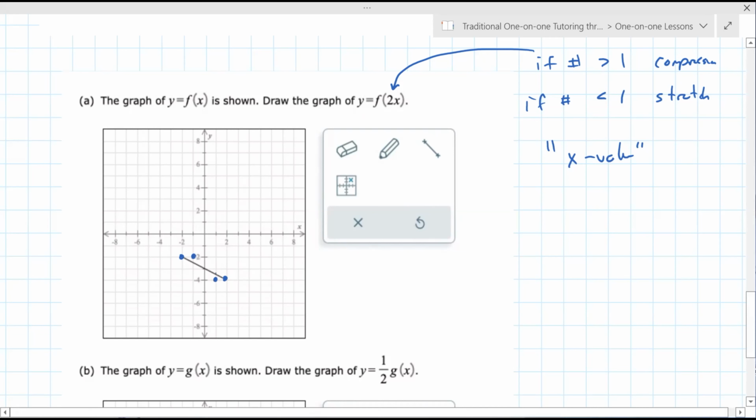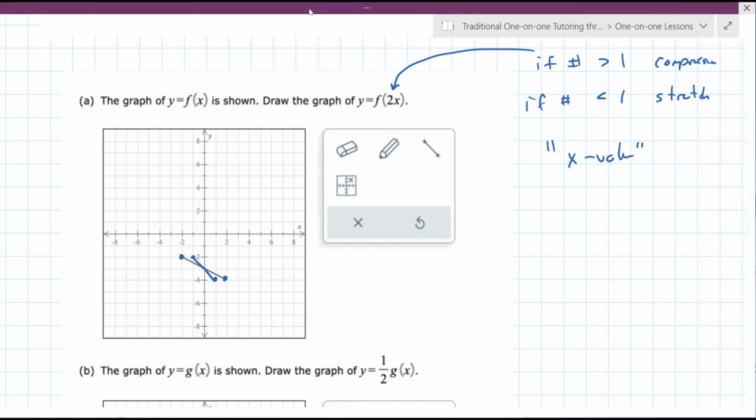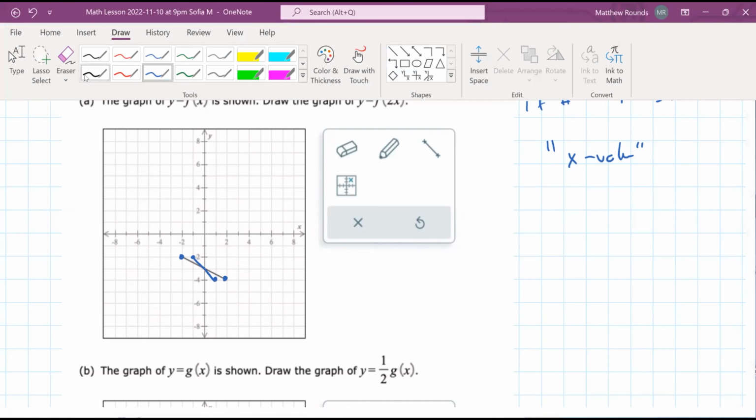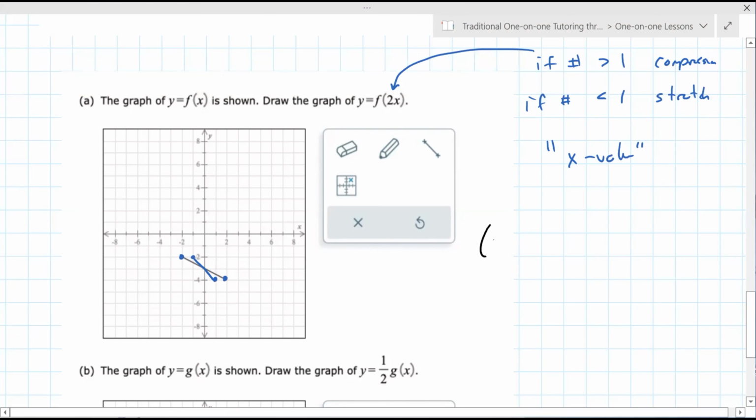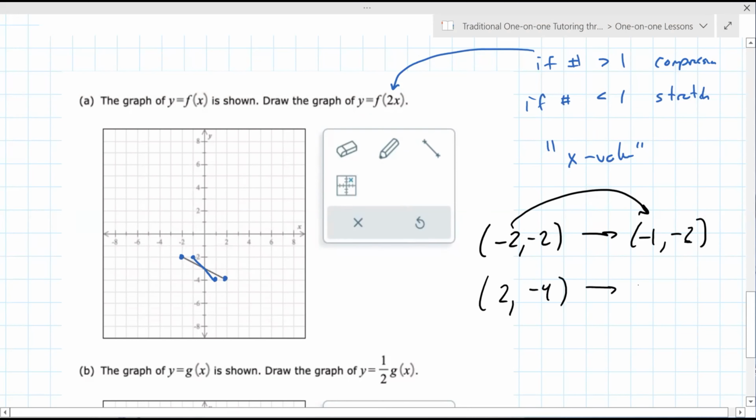Yes. So this is your new one. And that's why sometimes it's better to write the coordinates. I mean, if you're really mathy like me, you're like, yeah, write the coordinates. But it's the x value that changes. You divide by 2. And then similarly, the next one, 2 and -4, it's the x value that changes, not the y value.